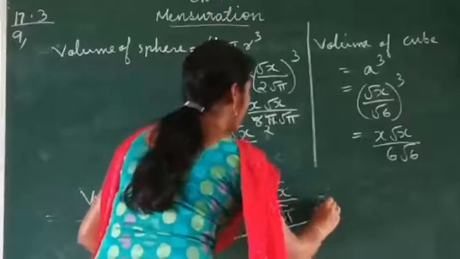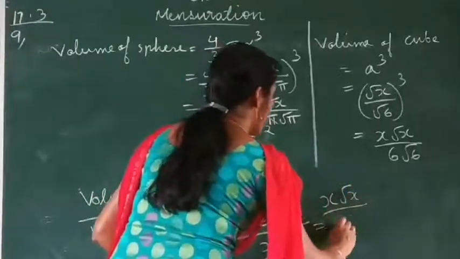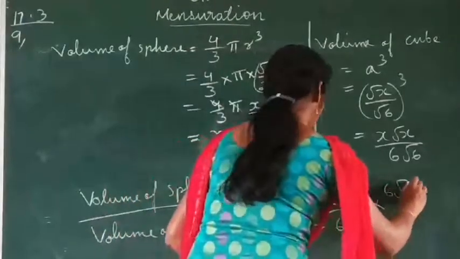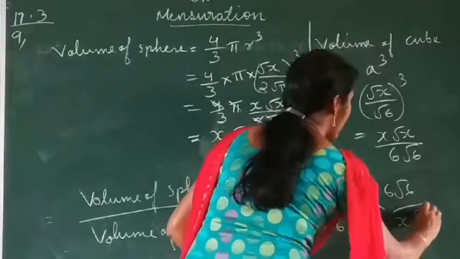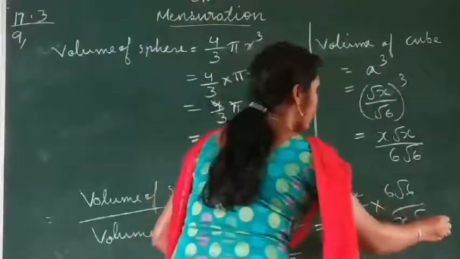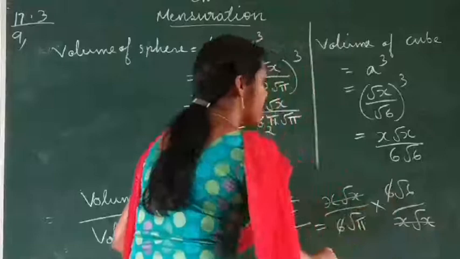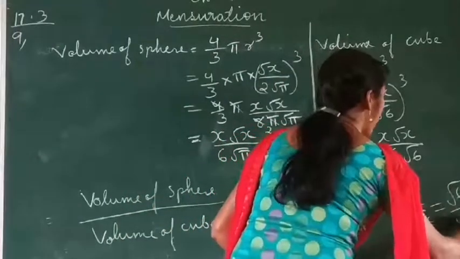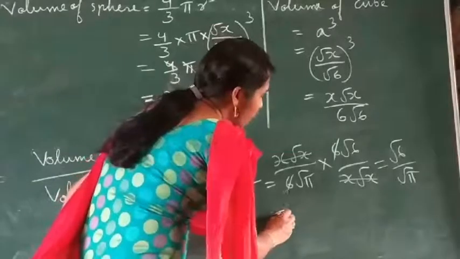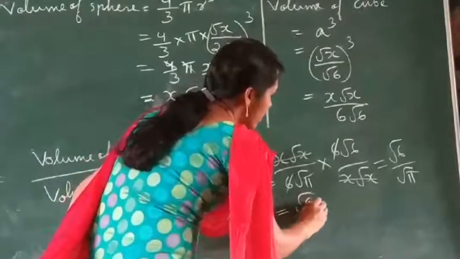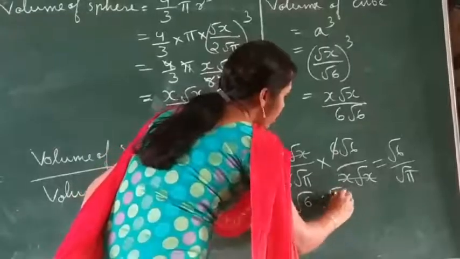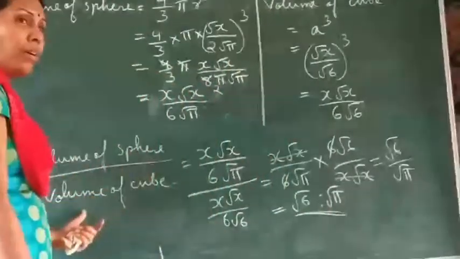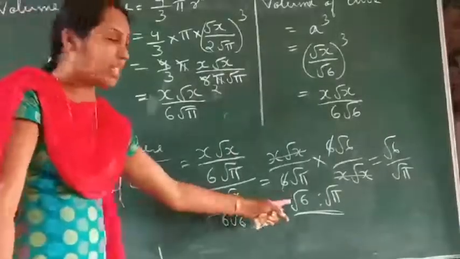That is equal to x root x by 6 root π multiplied by 6 root 6 by x root x. x root x and x root x are cancelled, 6 and 6 are cancelled. So the answer is root 6 by root π, that is root 6 is to root π. So this is the ratio of the volume of sphere to the volume of cube, root 6 is to root π.